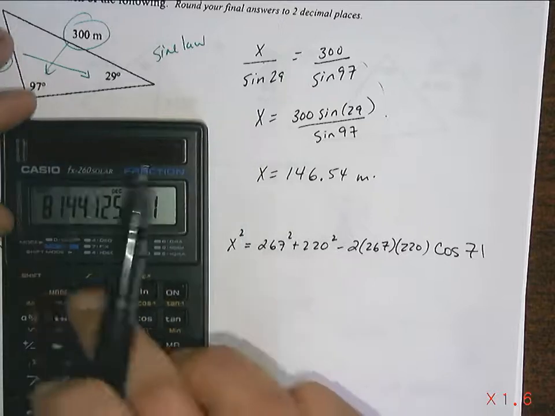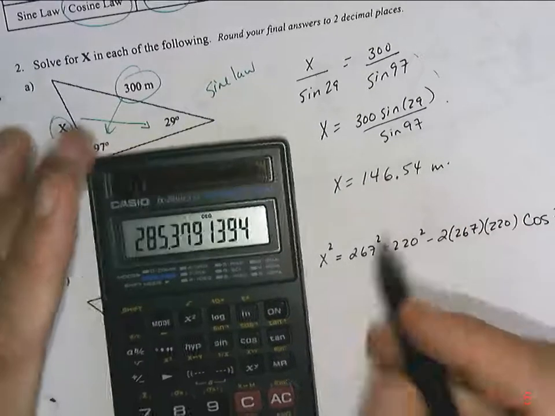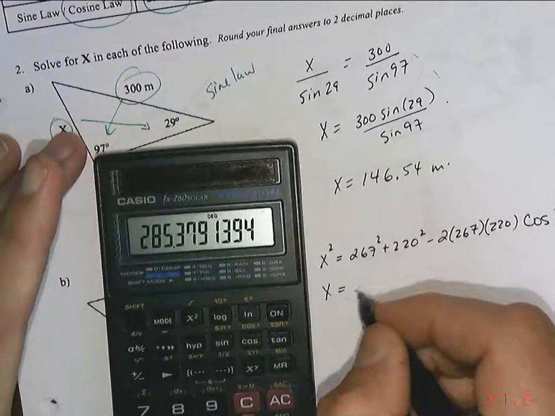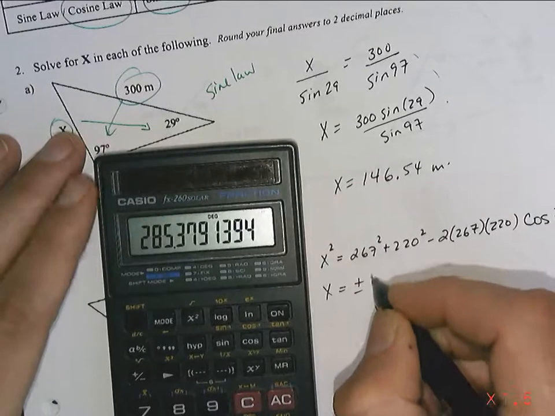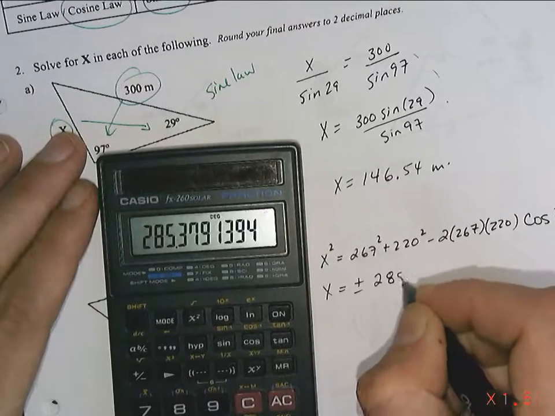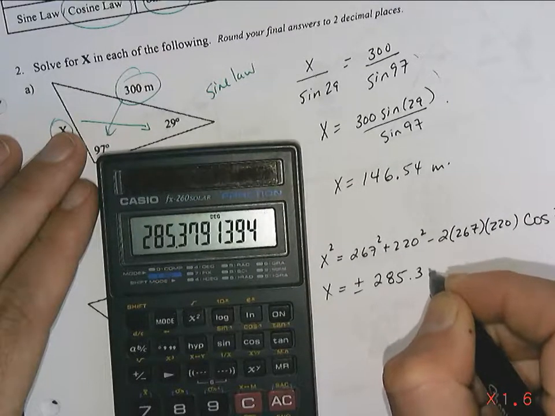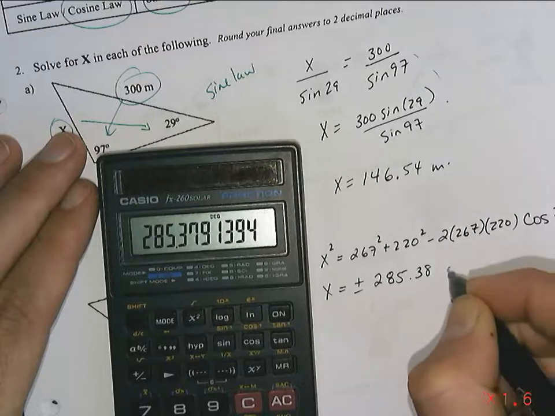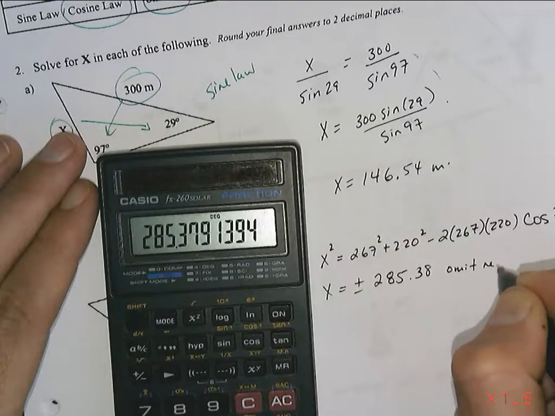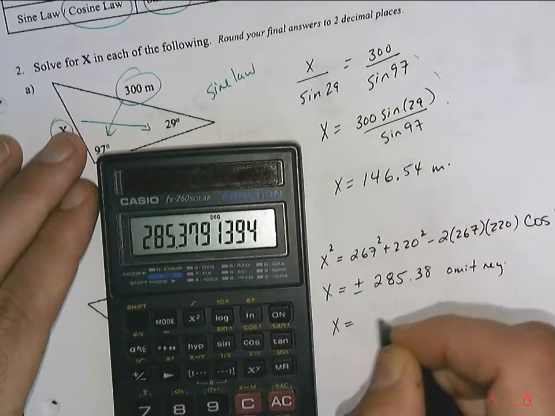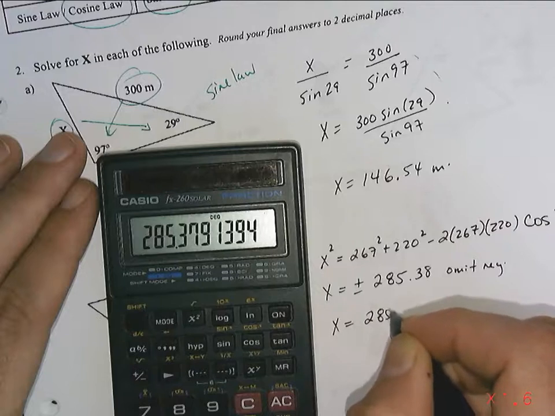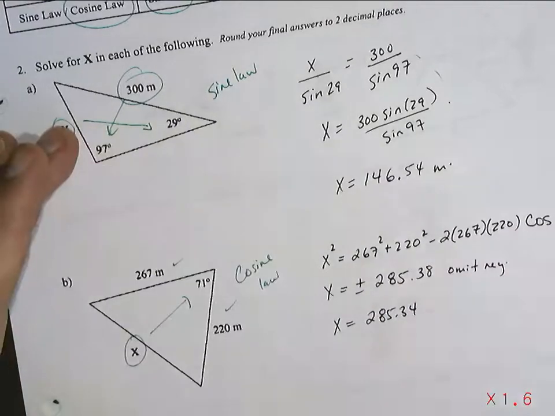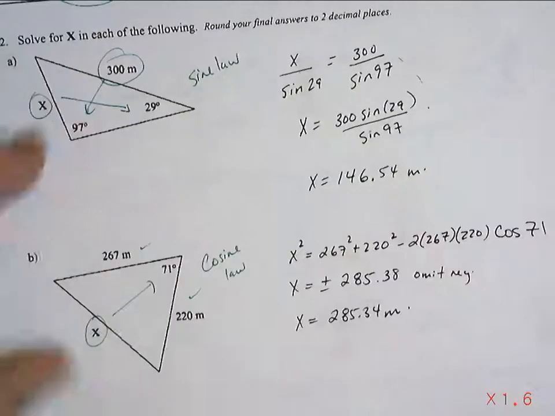I'm going to square root that. Oh, I made a mistake in my studio audience. I'll have to go back to them. So this will be plus or minus 285.38. We're going to omit the negative. And we're going to get x equals 285.34 meters. Okay, guys.